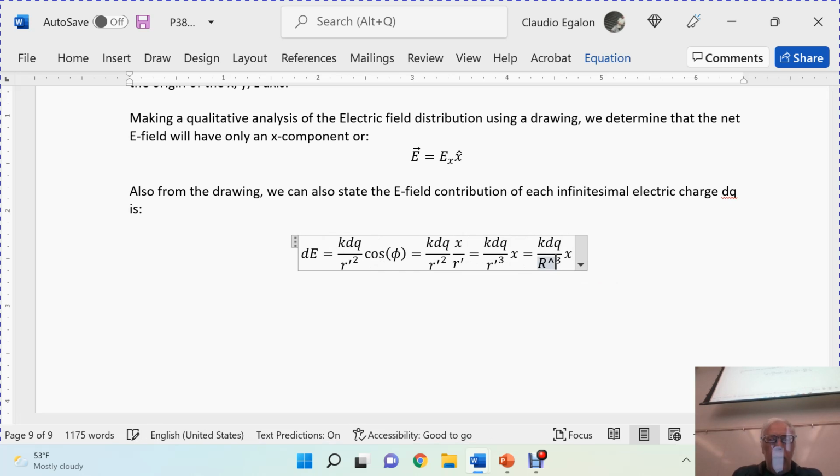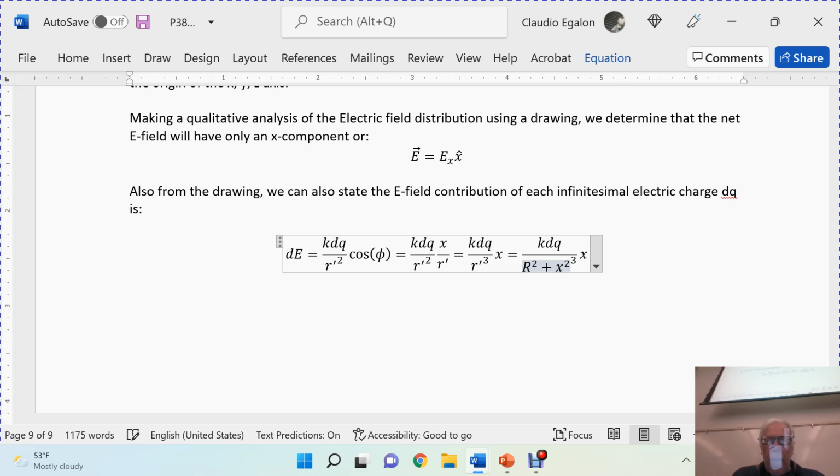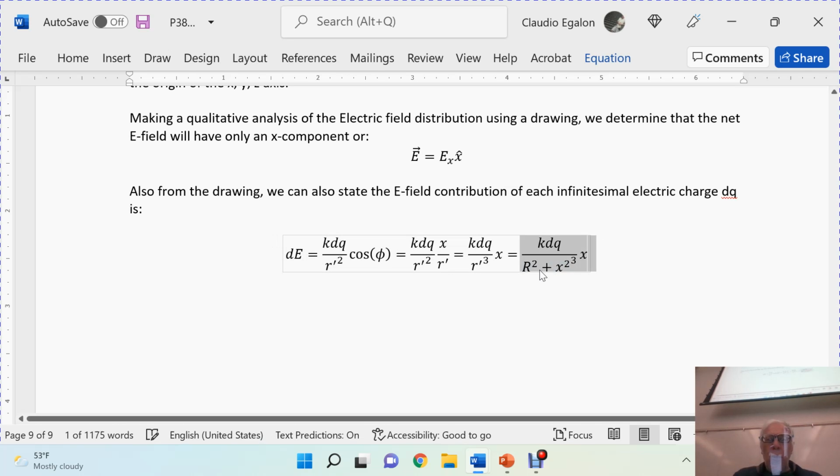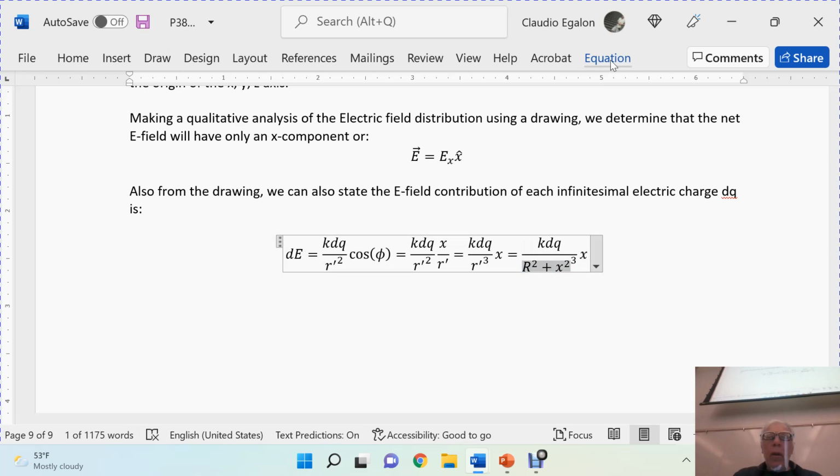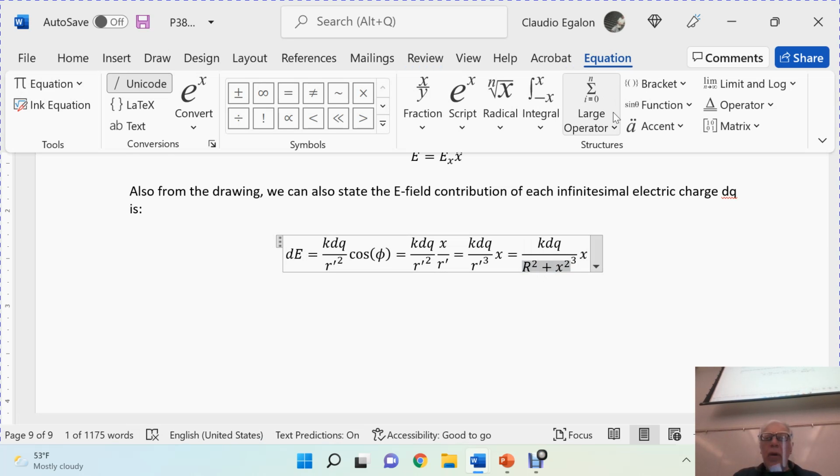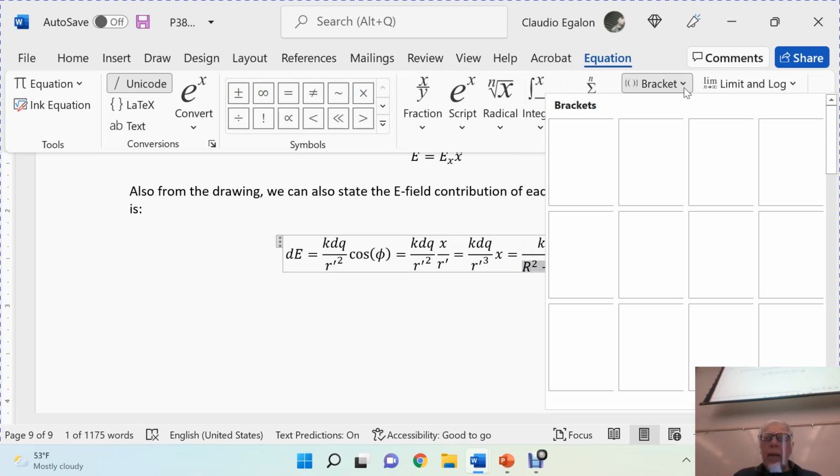R squared plus x squared. And what else? I have to cube this guy here. Remember, it's a square root, right? But first, let's put the cube there because we have that cube thing.